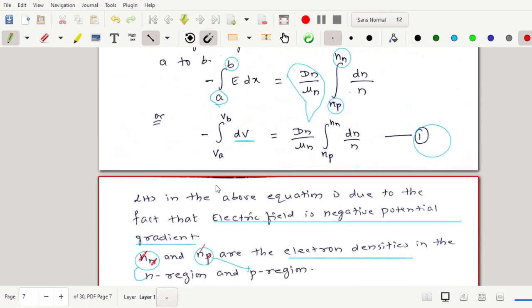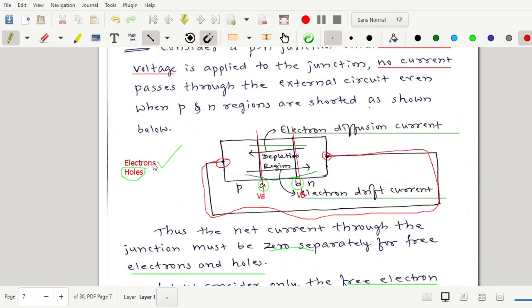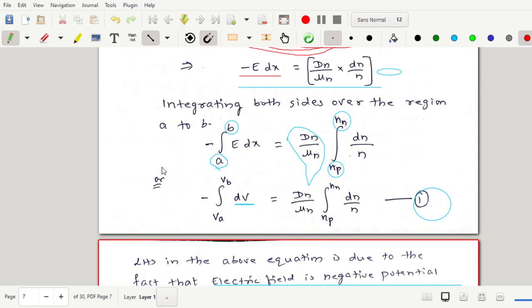Here I had discussed that there will be two types of currents: one is the electron current and another is the hole current. For simplicity, we have considered just the electron current and done the derivation.